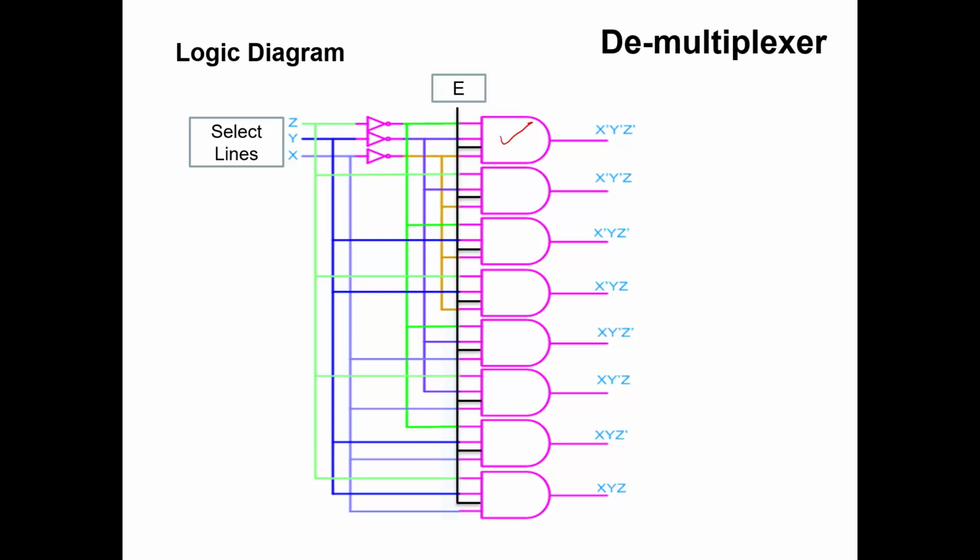Similarly, when X is 1, Y is 1 and Z is 1, this particular AND gate is active. Now the data available on this enable line will be transferred as output of this particular AND gate. In this way, we can send the data from one input line to the 2 raised to power n output lines, where n is the number of select lines.